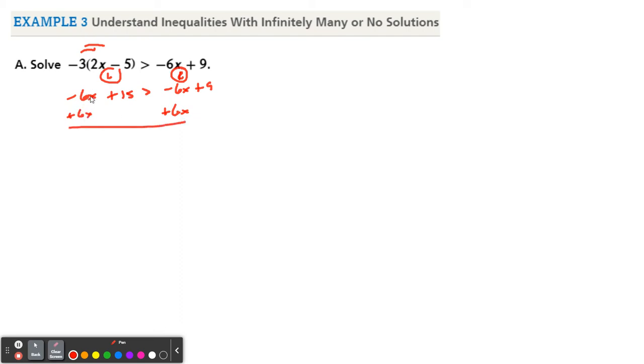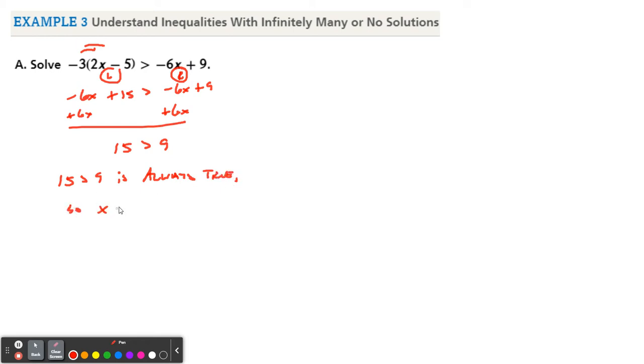So what's going to happen is the 6x is canceled here, you get 15 greater than, the 6x is canceled here, and then 9 comes down. And now 15 is greater than 9. That is always true.